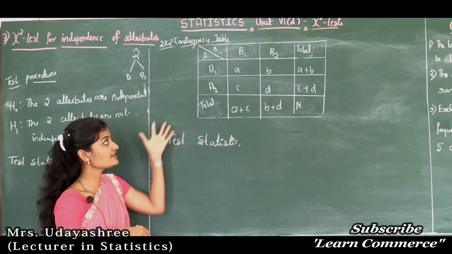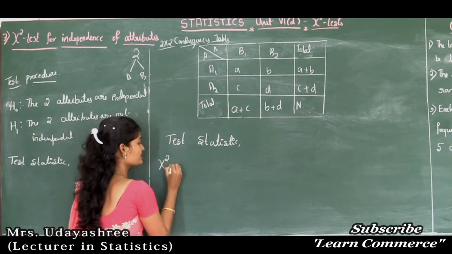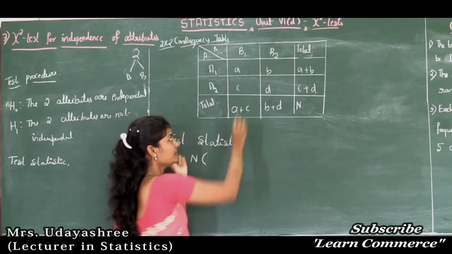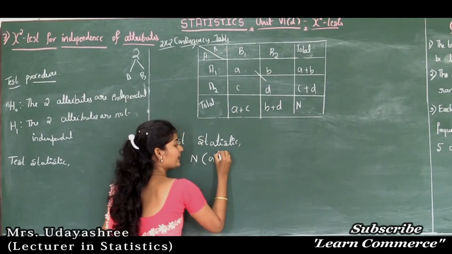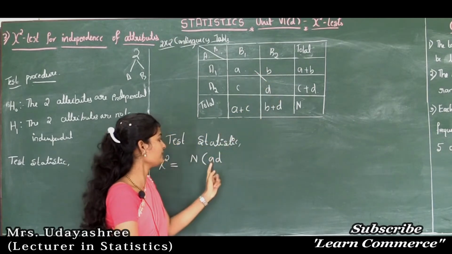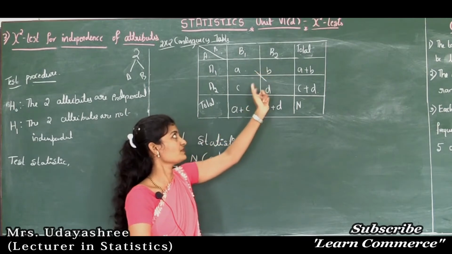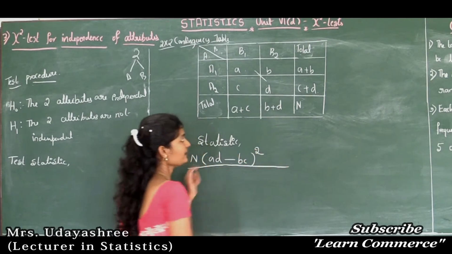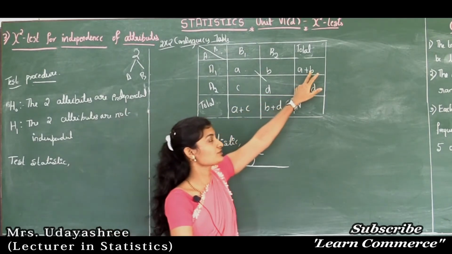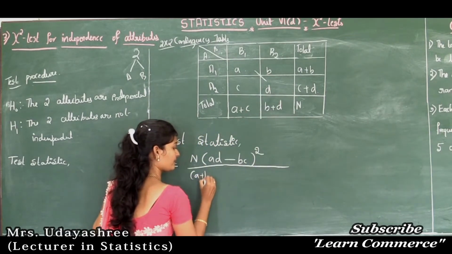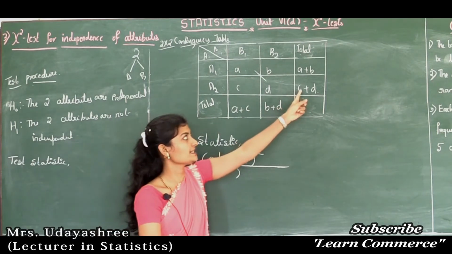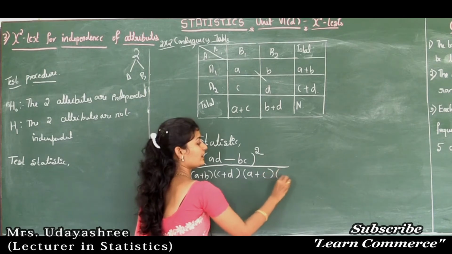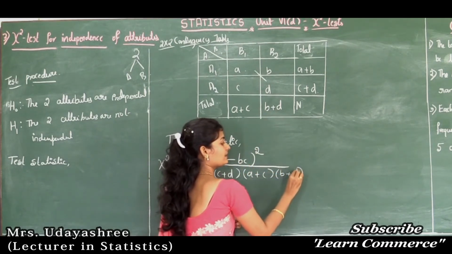This is the third application of the chi-square test. So here we write chi-square is equal to N, the total observation, into (a into d minus b into c) whole square, divided by the totals: first total a plus b, into next total c plus d, into next total a plus c, into next total b plus d.